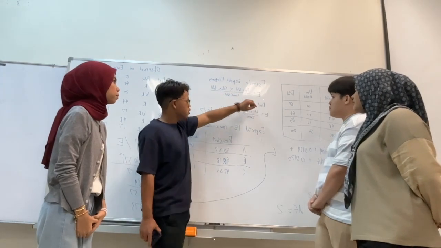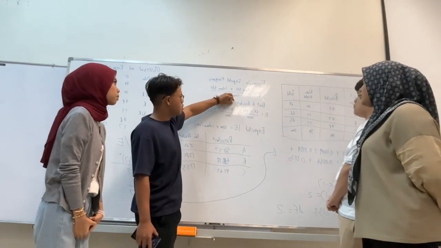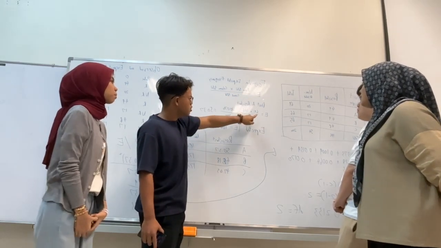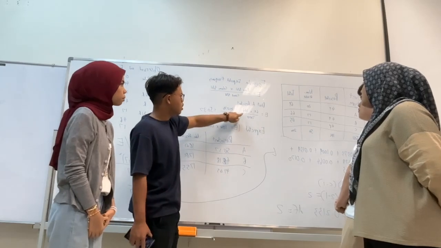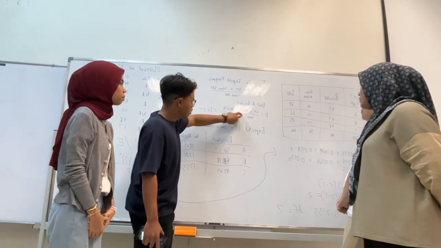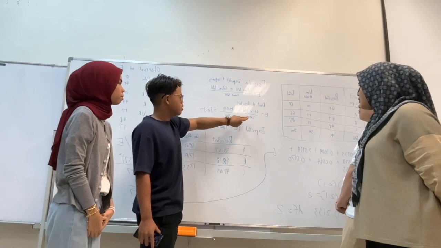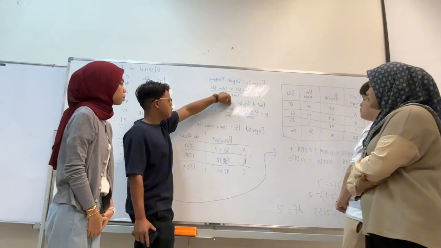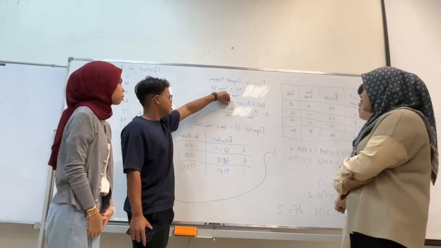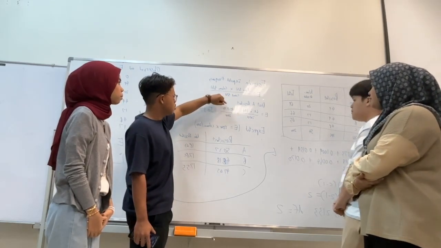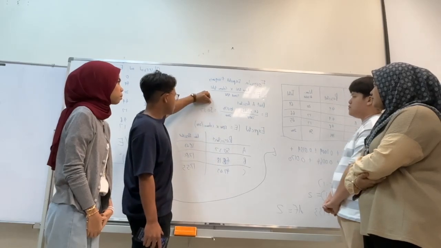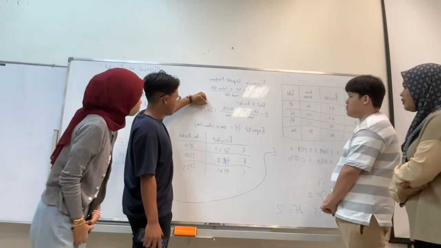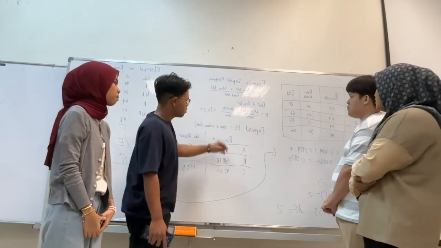So the next is diet A, resistant: 69 times 146 divided by 200. So the total is 10074 divided by 200, which equals 50.37.